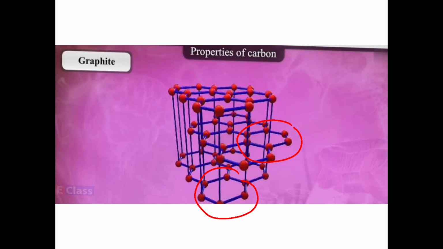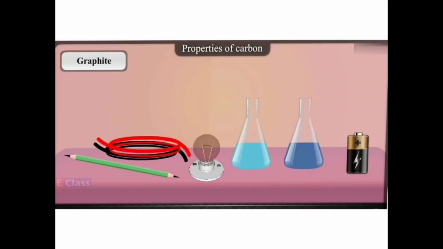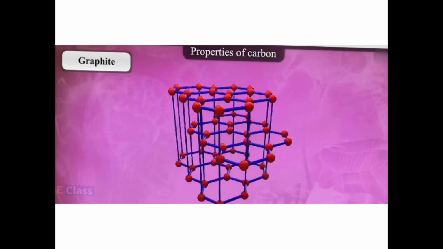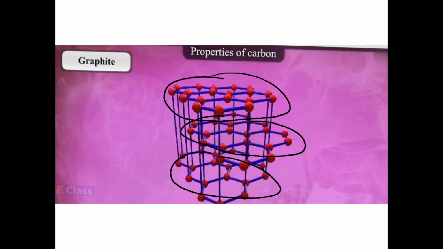A graphite crystal is made up of many sheets or layers of carbon atoms. You can see this is the first layer here, then the second layer, then the third layer. I'll show you again, observe this. I'll use another pen. So this is your first layer, this is your second layer, this is your third layer.